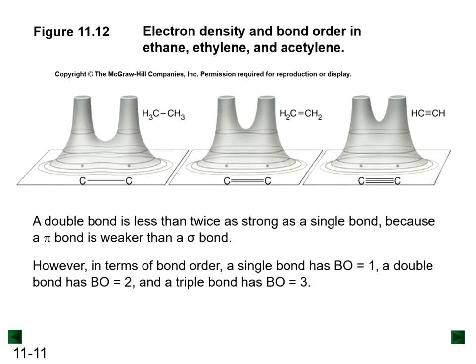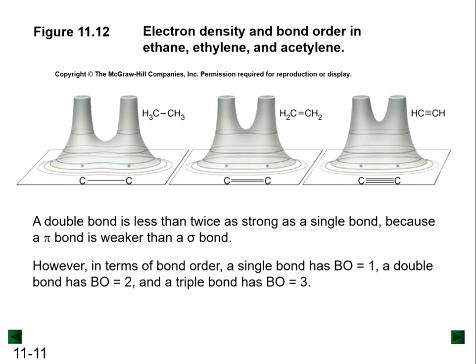For a carbon-carbon double bond, we see there's more electron density between the two nuclei than there is in the carbon-carbon single bond. And for the carbon-carbon triple bond in acetylene, there's even a higher electron density between the two nuclei. That tells us that the double bond is stronger than the single bond, and the triple bond is stronger than the double bond.